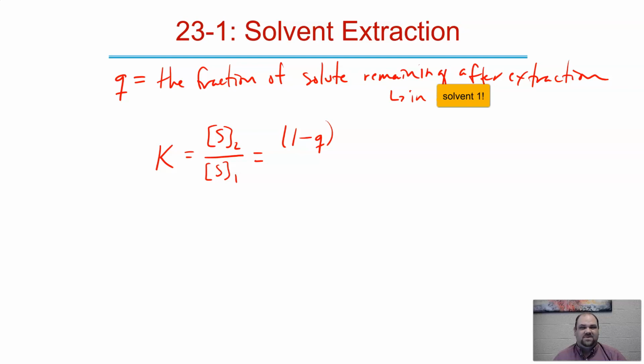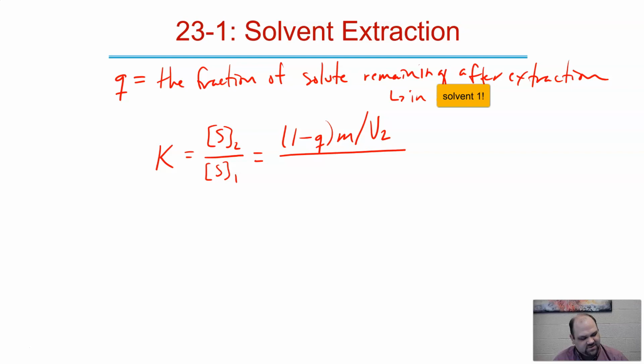If Q remains, 1 minus Q has moved into the other solvent, times the number of moles that we have. Right? So this is the fraction times the number of moles divided by the volume of the second solvent.